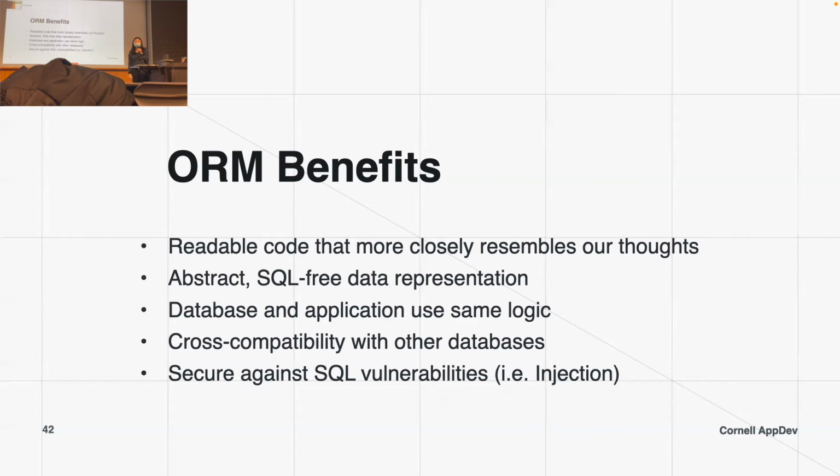So for example, let's say I have this ORM and I wanted to use it not just with SQL, but with Postgres, because an ORM is sort of an abstraction of all your information in the tables. You can apply it to different databases, so it makes scaling a lot easier. It's also very secure against SQL vulnerabilities like injections, because it's more abstract. Does that kind of make sense why ORMs are good?